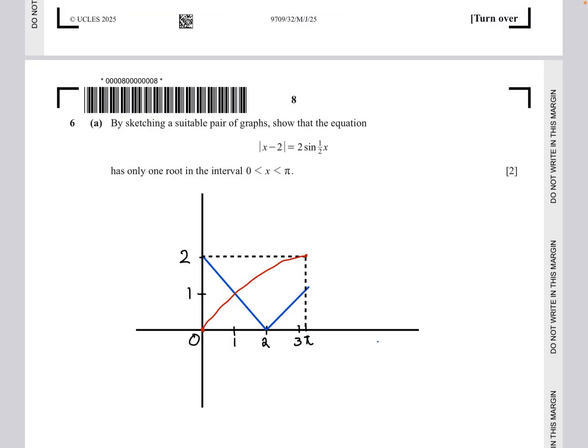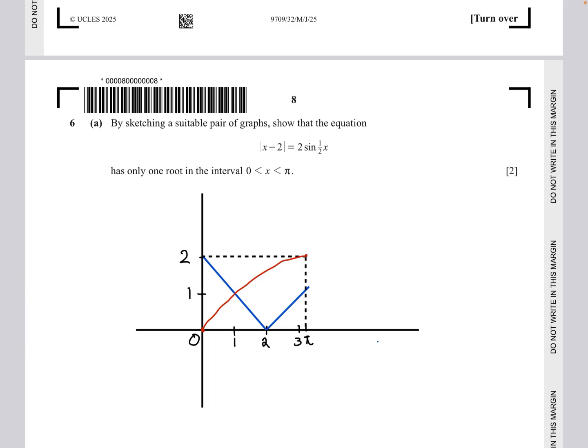Question 6a. By sketching a suitable pair of graphs, show that the equation absolute x minus 2 is equal to 2 sine half x has only one root in the interval 0 less than x less than pi.